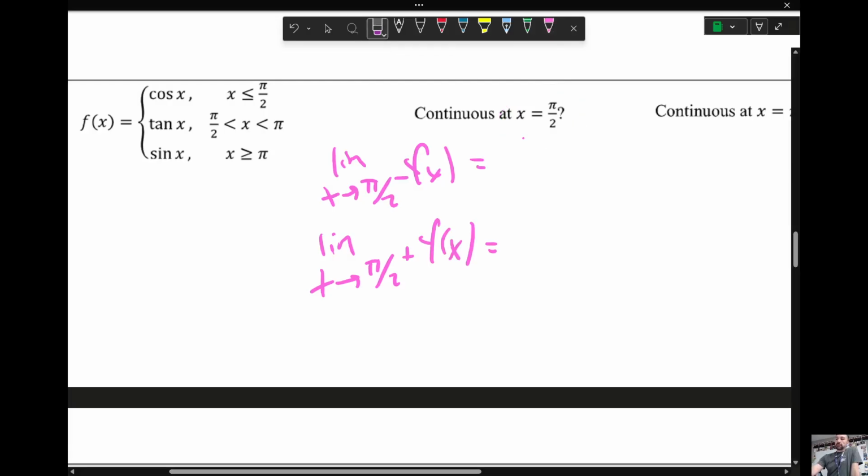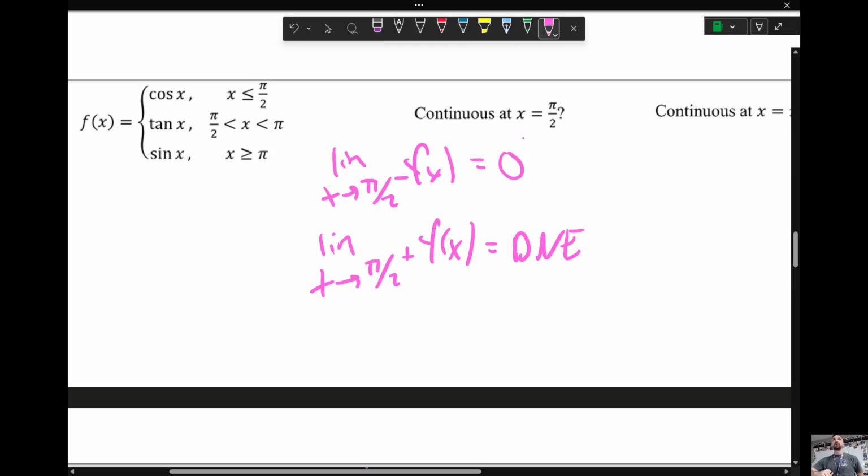Let's see, from the left, this would be cosine of pi over 2, which is 0. From the right, that would be tangent of pi over 2, which is, okay, technically it goes up forever. If you know what the tangent graph looks like, you could know that that's infinity, but again, infinity or negative infinity, it's better to just say does not exist.